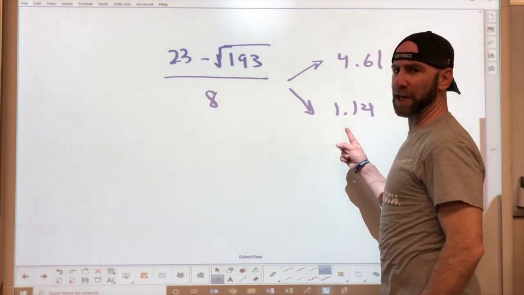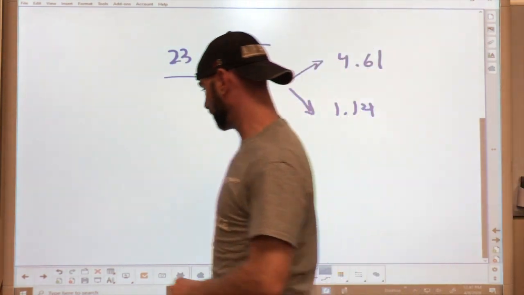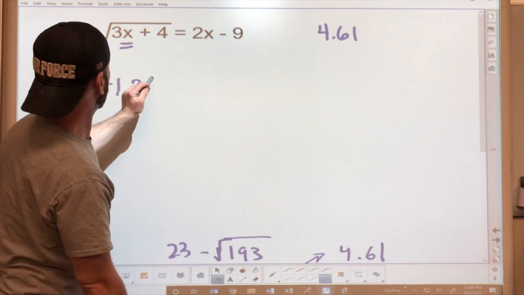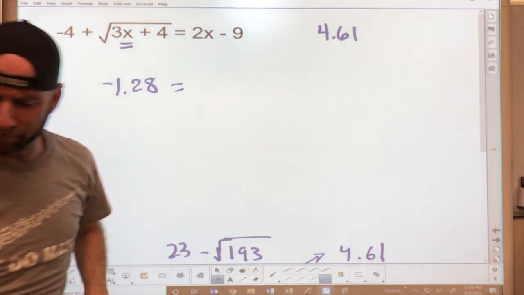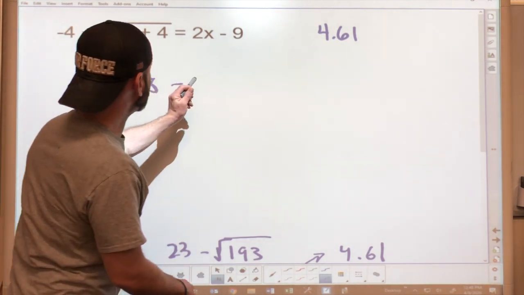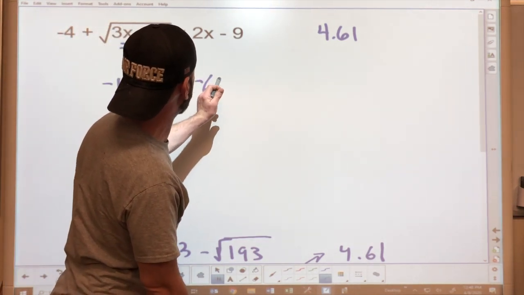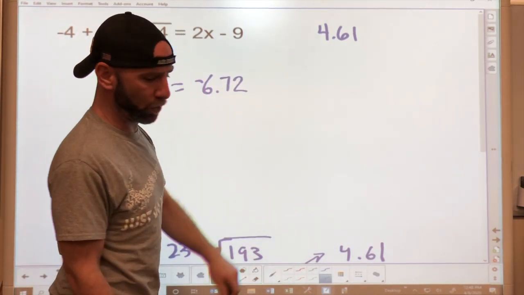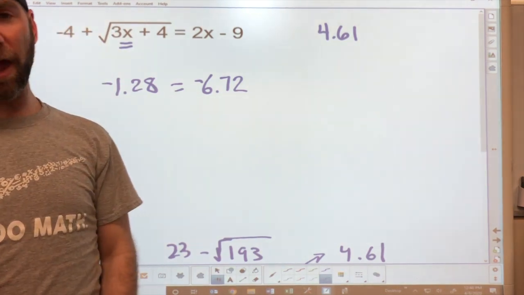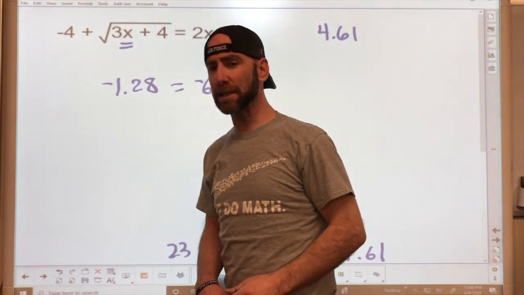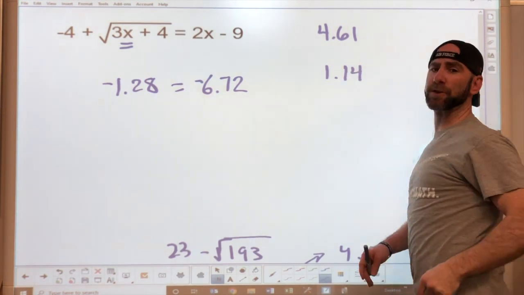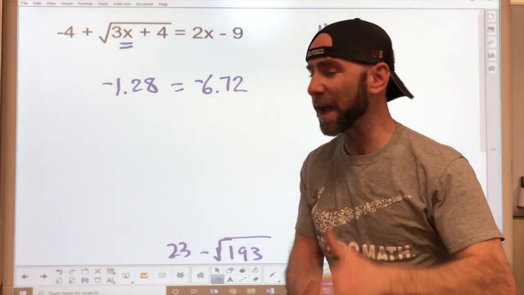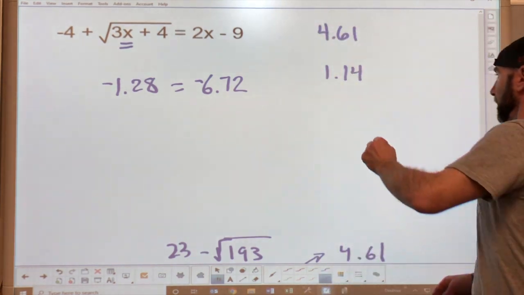So go and check that answer to see if it's good. This side equals negative 1.28 approximately. This side equals negative 6.72. So we have an extraneous solution. Here are our two solutions, but 1.14 is extraneous.